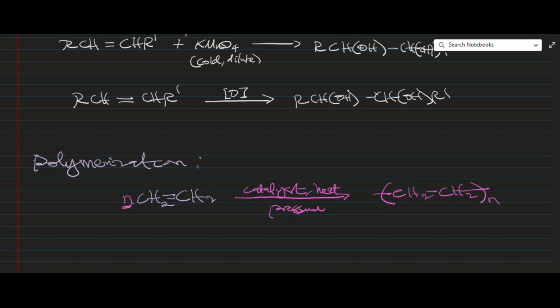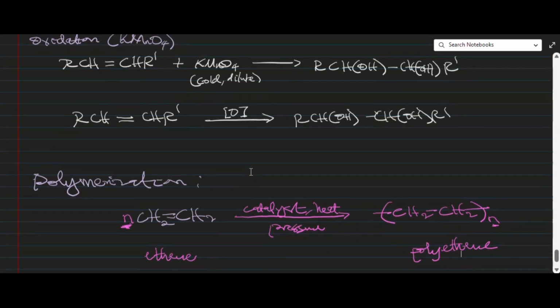See where we put n here, and look at where the n is put here. Don't forget. So this is our ethene as our starting material, and the product is many ethene units, which is polyethene or polythene, any way you want to write it.